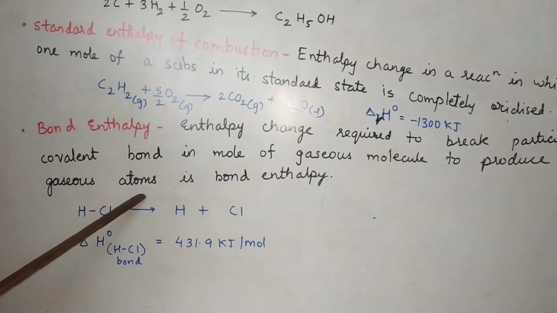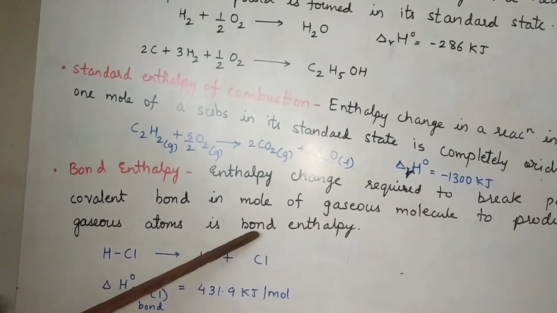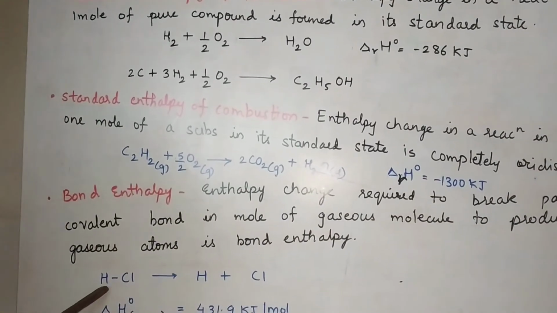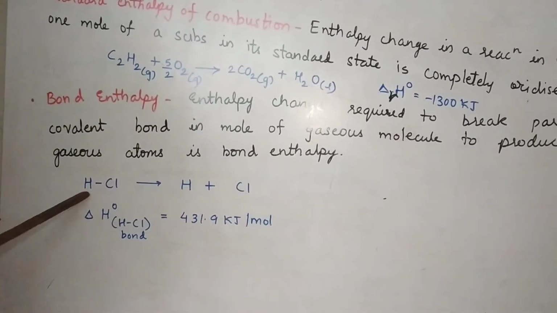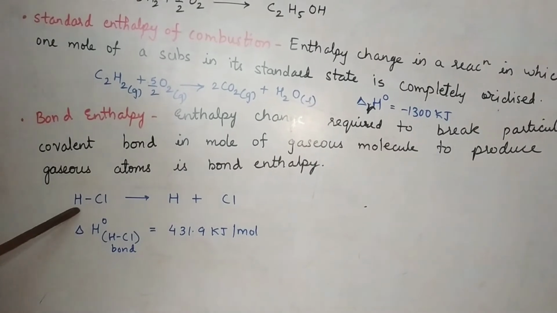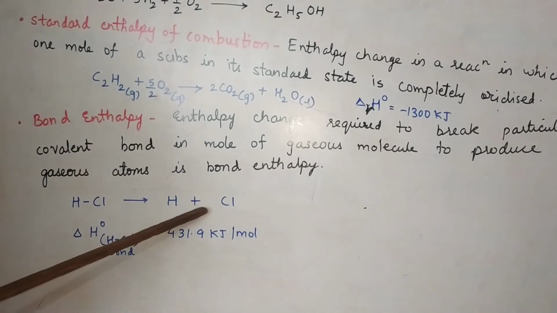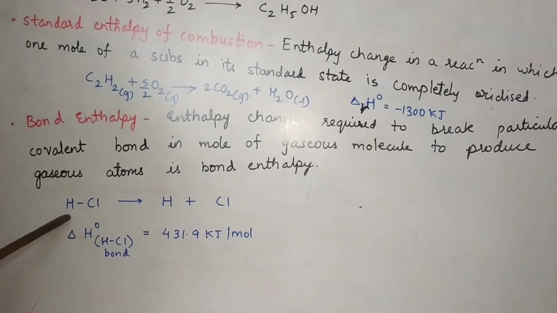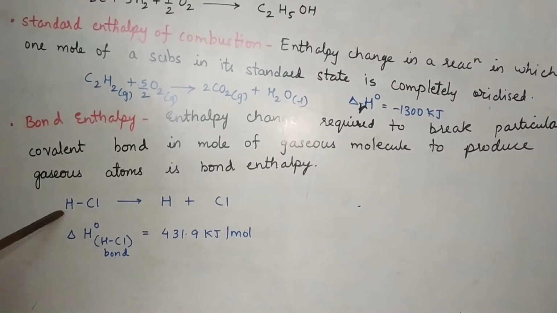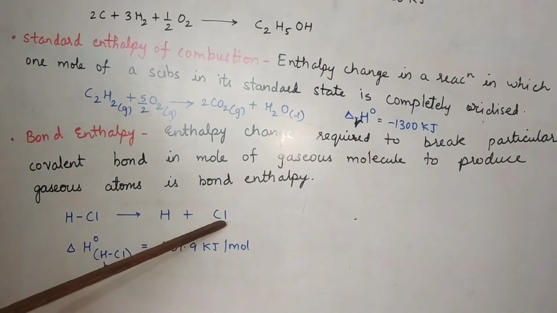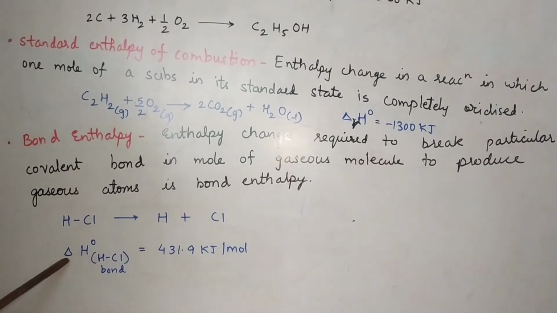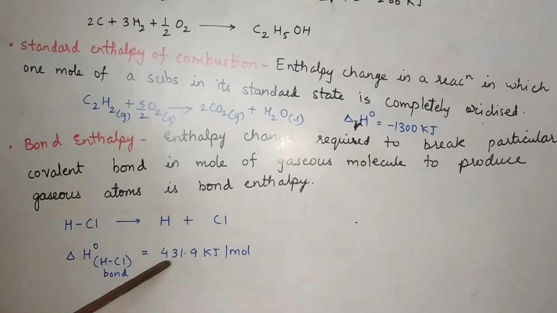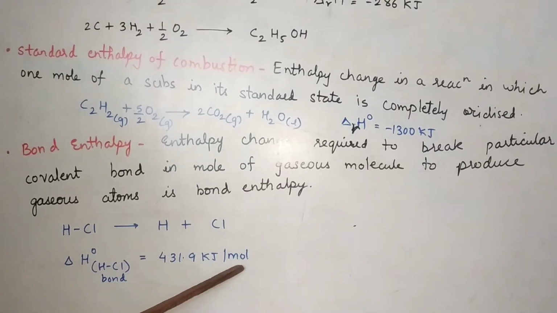That enthalpy change or that energy is called as bond enthalpy. This is example. For example, HCl हा बॉन्ड ब्रेक करताना फॉर्म काय होणार? H आणि Cl हे डिपार्ट होणार. There will be a breaking between H and Cl. H वेगळा होणार, Cl वेगळा राहणार. मग इथे बॉन्ड एन्थॅल्पी काय झाली? HCl बॉन्डची बॉन्ड एन्थॅल्पी becomes 431.9 kilojoules per mole.